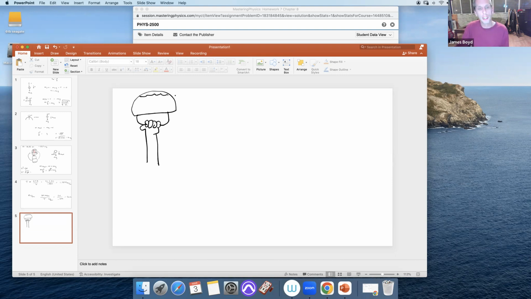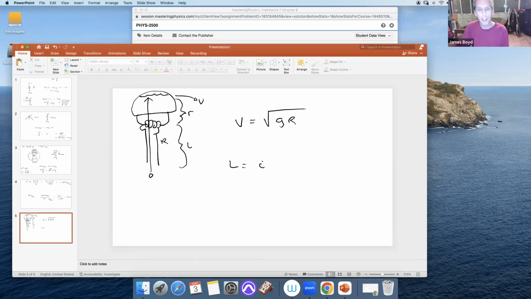As we swing this thing over our heads in uniform circular motion, again, v is the square root of g times r. Now, we need to start from our shoulder and get the total length. So R is the length of our arm plus the length from the handle to the water. The length of our arm, we're told, is 65 centimeters, and the handle to the bucket was 0.35.